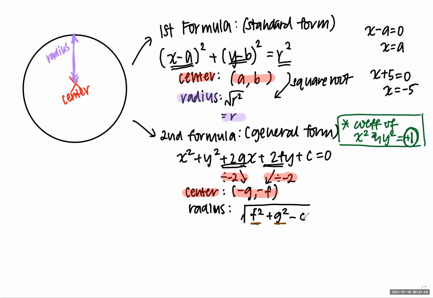But your c, you need to be very careful here. Can you see this c? This c and this c are always opposite signs. So with all this precaution, you guys are ready to go and do your standard form and general form in questions 4 to 9 of your worksheet later.